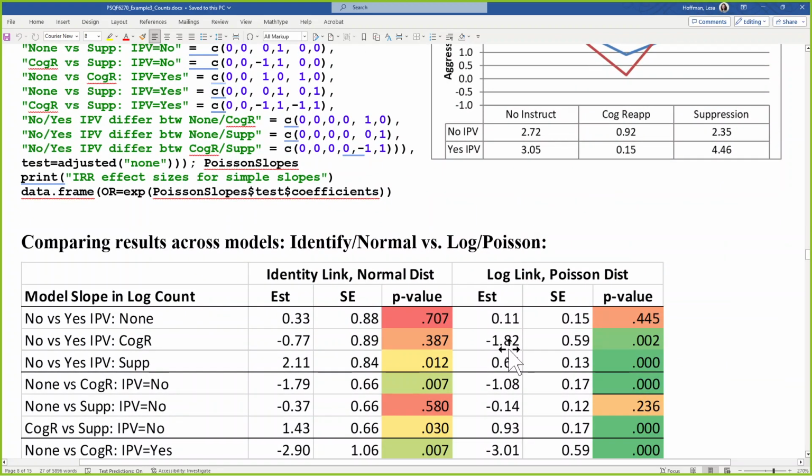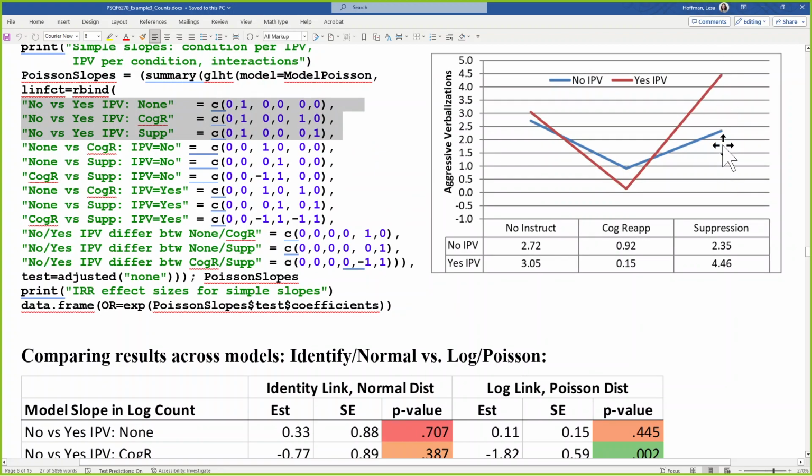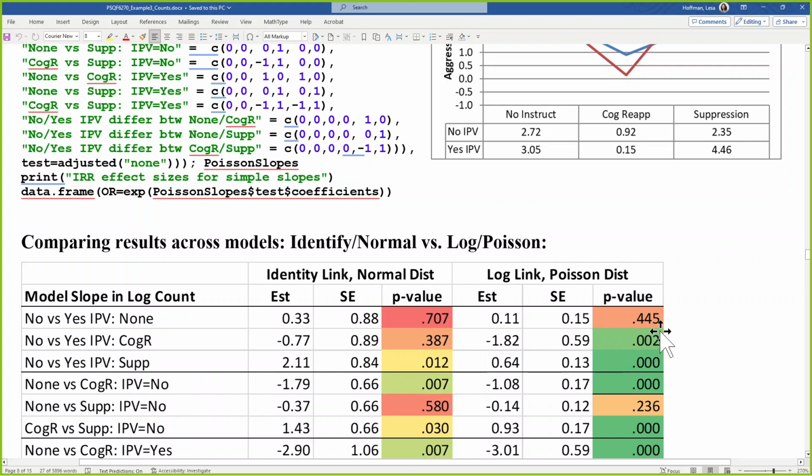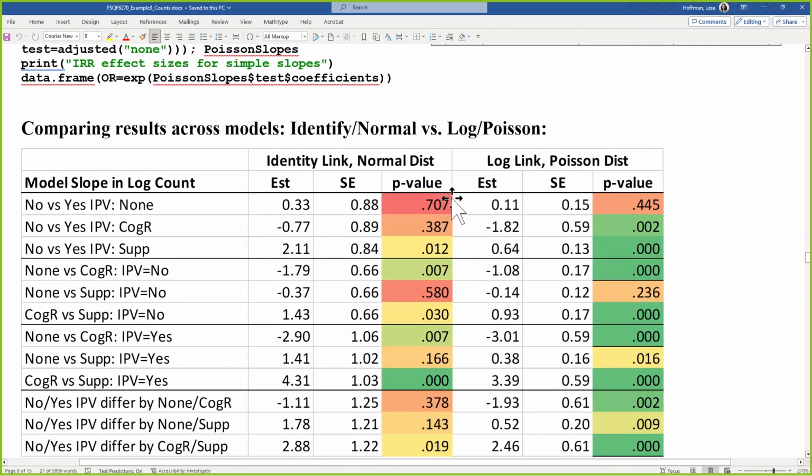In the next group down, red is lower than blue. And in this group, red is higher than blue. You can see that visually, but here are the numbers that go with it. And then if we look at the inference, according to the normal distribution, only the last difference is significant. According to Poisson, both of the last ones are.